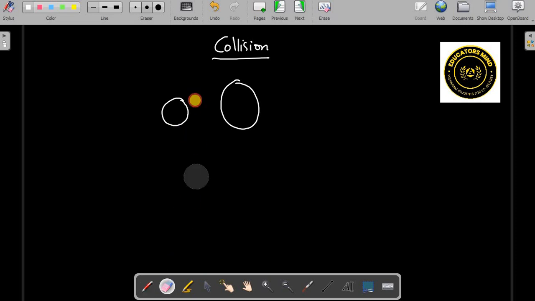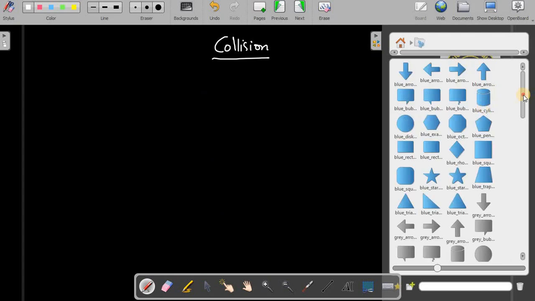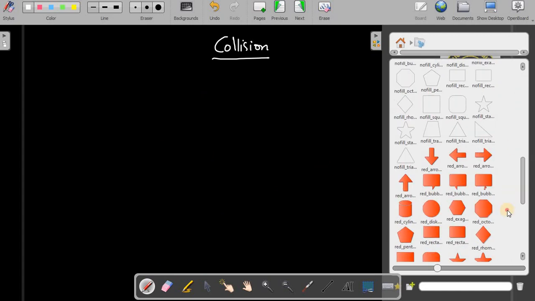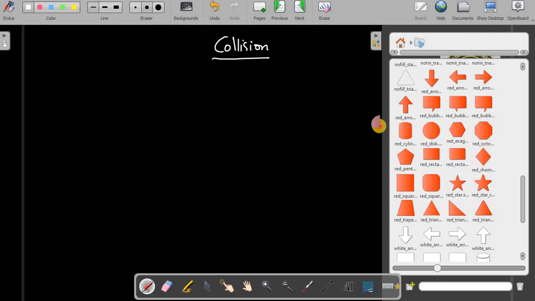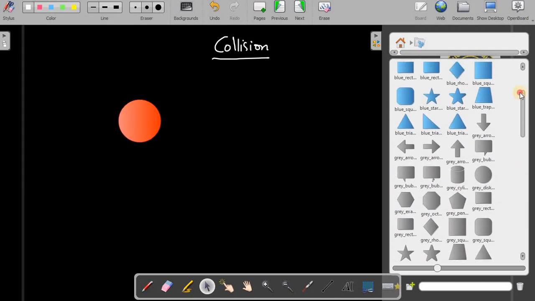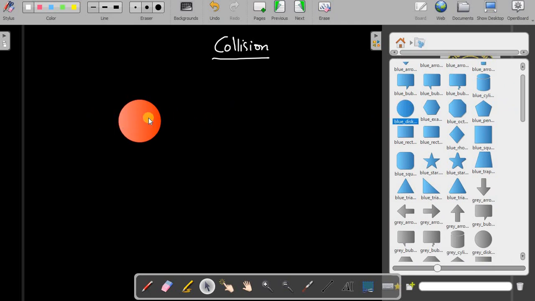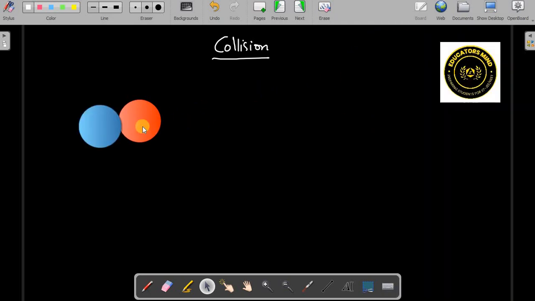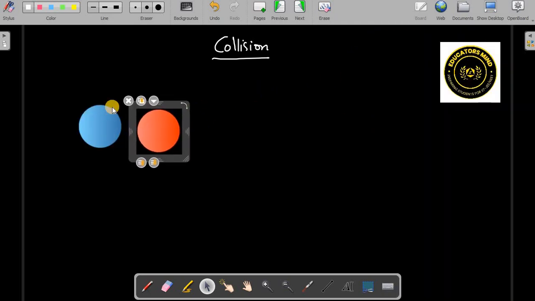Okay, let me just keep some better diagram. My diagrams are not coming out good. Okay, I think this looks nice.